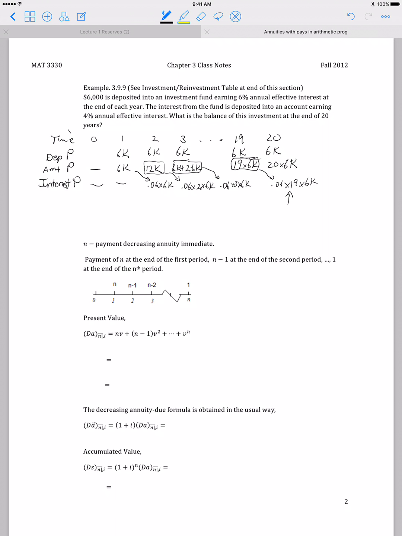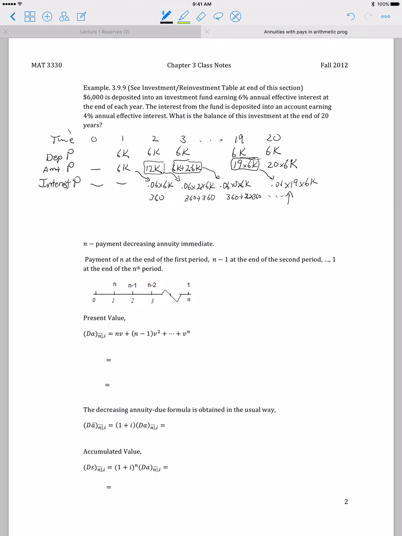But notice, 0.06 times 6K is 360. So they're increasing by 360 each year as well.